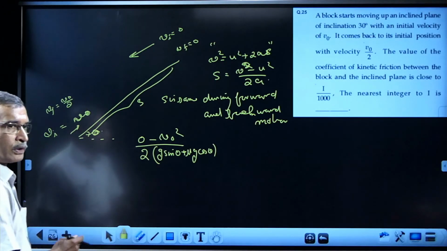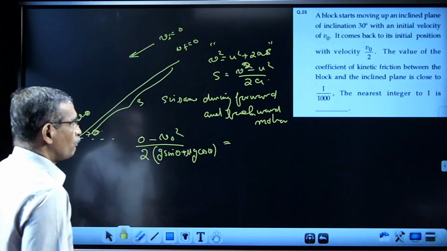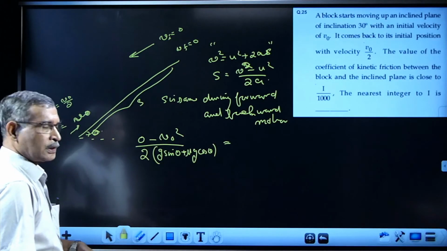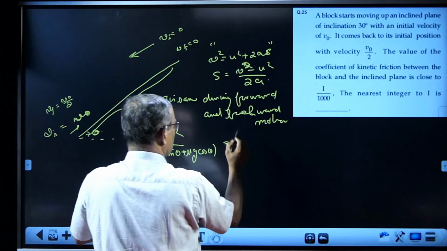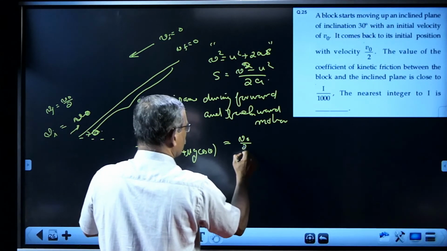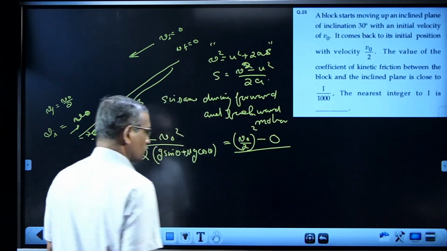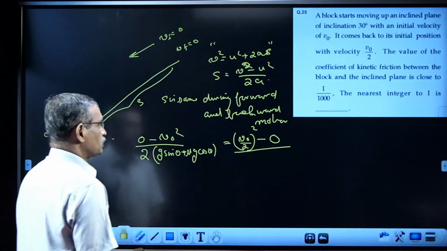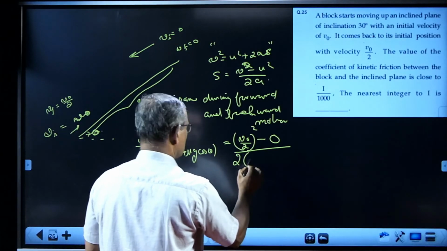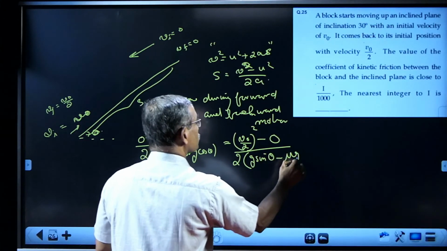When it moves down, the final velocity is v0 by 2, so v0 by 2 whole square minus initial velocity 0, by 2 into the acceleration down the inclined plane, which is g sin theta minus mu g cos theta.